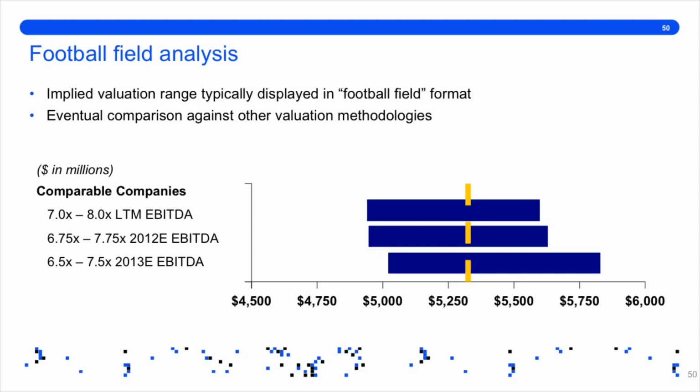But basically, it's the so-called football field analysis, where you put in different lines all the multiples that you care about. In this case, we have the 3 enterprise value to EBITDA, but you can have on top of those the price earning multiples, other stuff. And for each one of them, there is a horizontal bar that tells you the range.